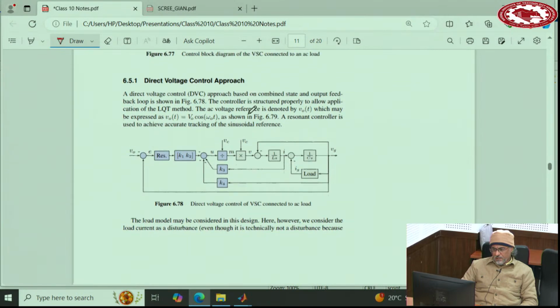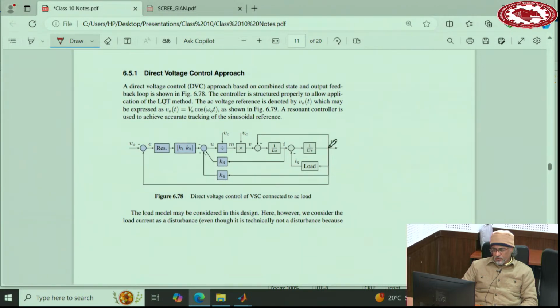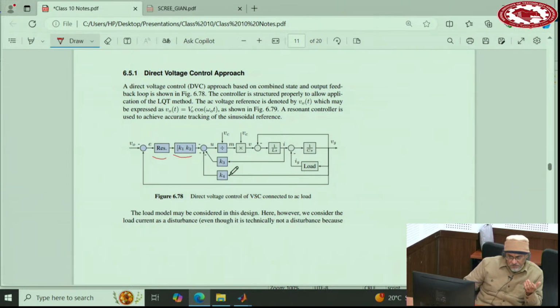Then our objective is to control the voltage. So one initial approach would be, I would like to have a sinusoidal voltage here. Let me put a resonant controller because it's sinusoidal and it has two gains, and I have two other state variables here, one current and one voltage. The system has four state variables and then feedback all of them, K1, K2, K3, K4, full state feedback.